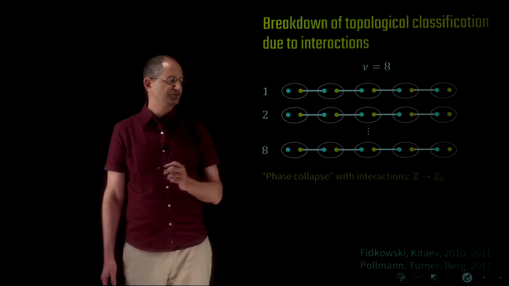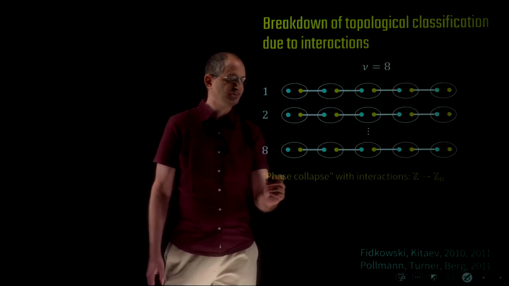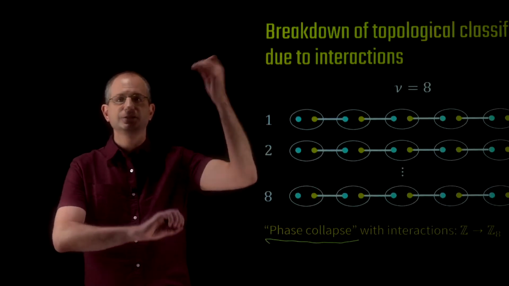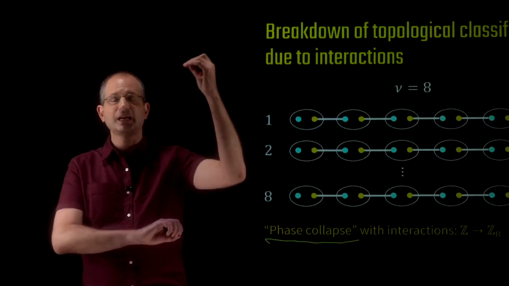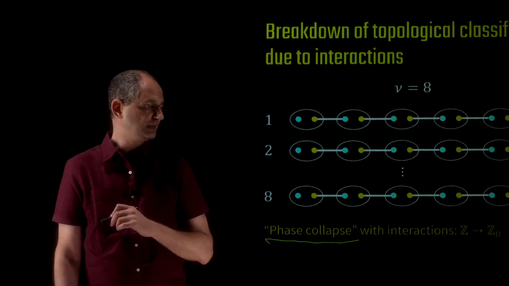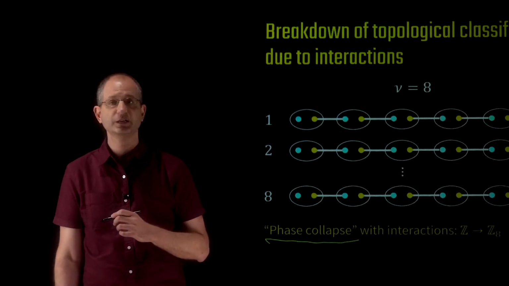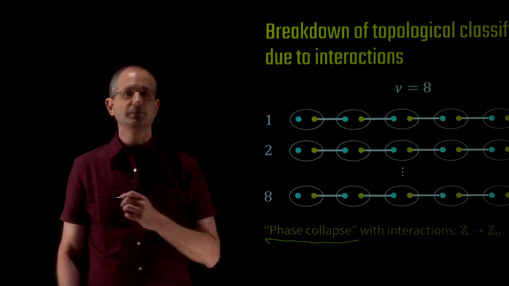Okay, so this phenomenon is the so-called phase collapse. This means that we had some different phases of quadratic Hamiltonians that were distinct in the presence of a given symmetry, even for arbitrary quadratic Hamiltonians.